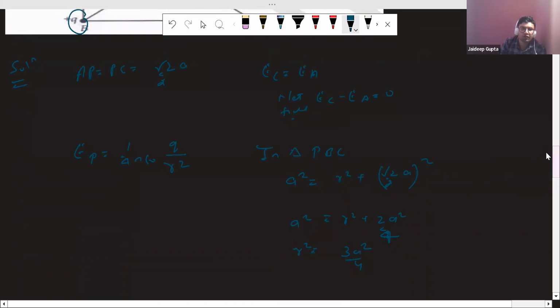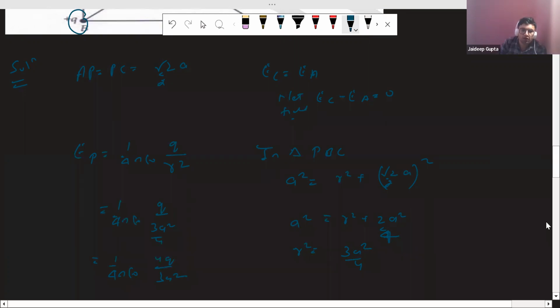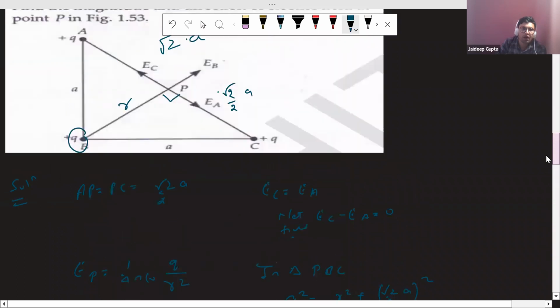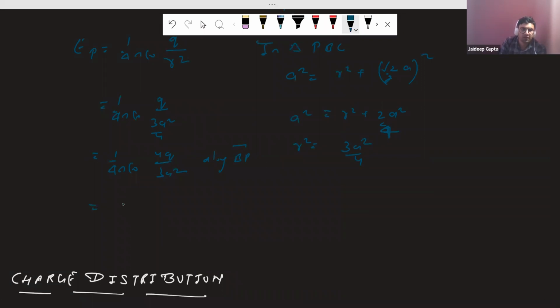Now just substitute the value: 1 over 4 pi epsilon Q over 3A square over 4, along BP because this is positive charge. The 4 will cancel out if you simplify it. Q over 3 pi epsilon A square along BP. This is the electric field. Is it okay, Iram?